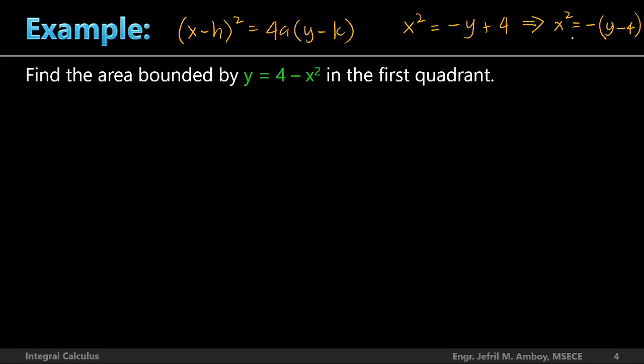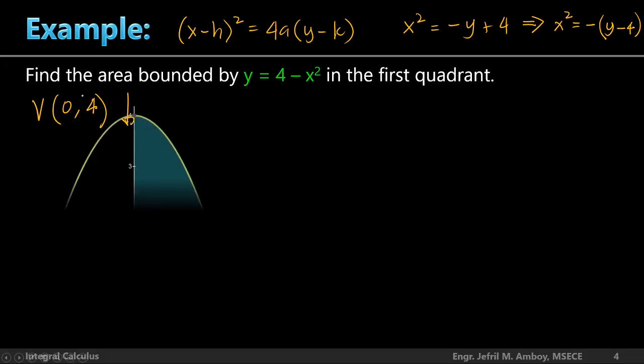From this standard form, we are now sure that the vertex of this parabola is at 0, 4, because there is no h term, so h is 0, and the value of k is 4. And since this is negative, it is opening downwards, as we mentioned a while ago.